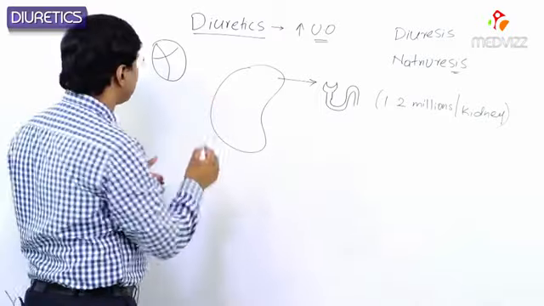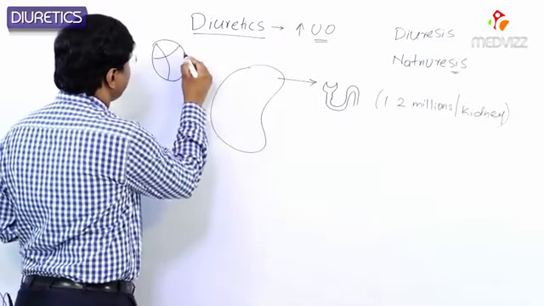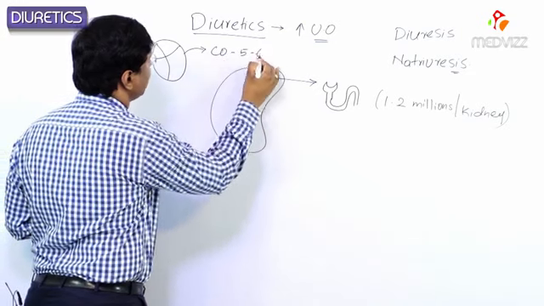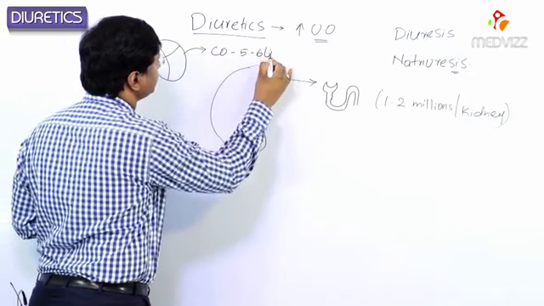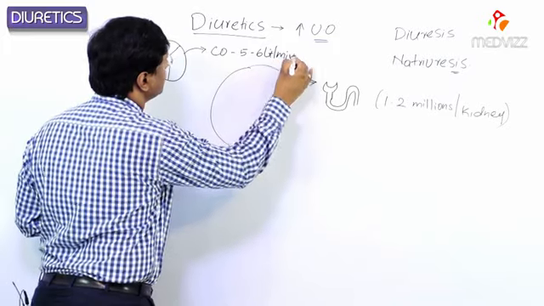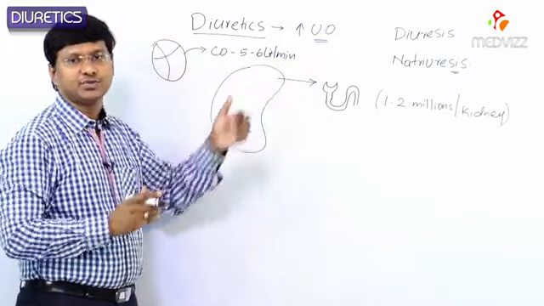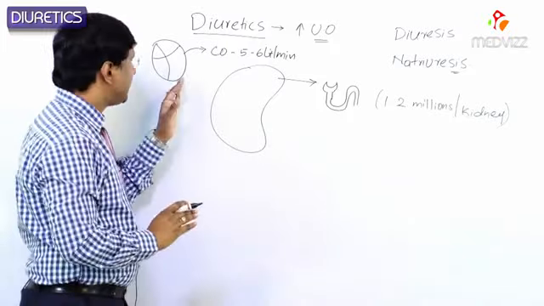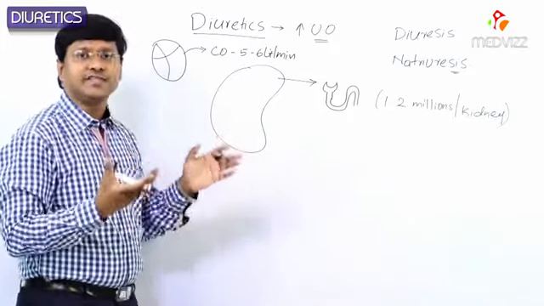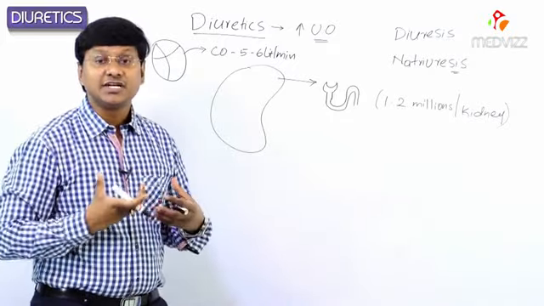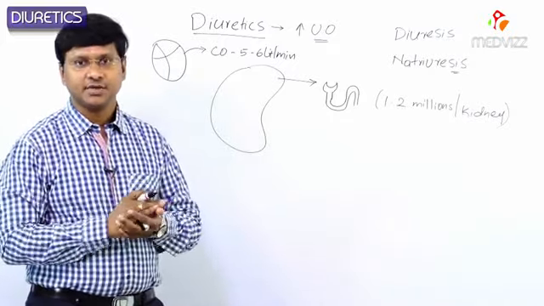Our four-chambered heart will give a cardiac output of nearly 5 to 6 liters per minute. Now, out of this 5 to 6 liters per minute of cardiac output, how much is the kidney receiving?